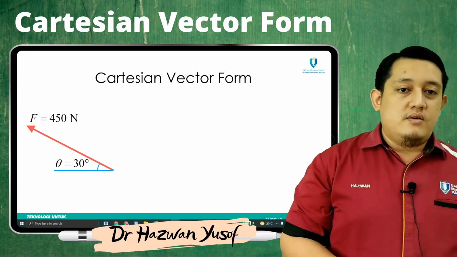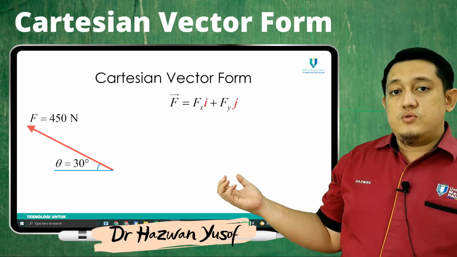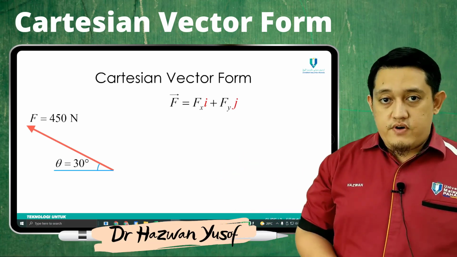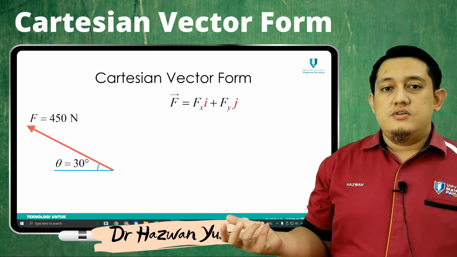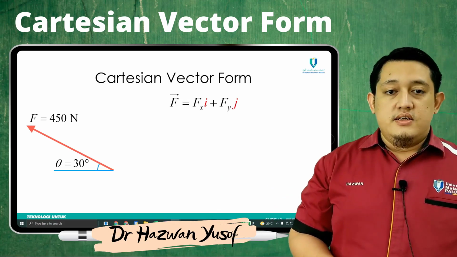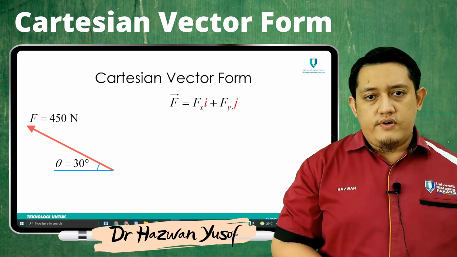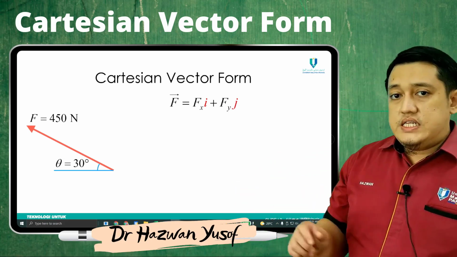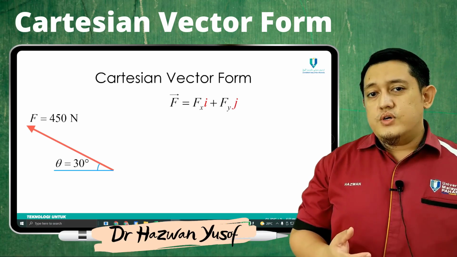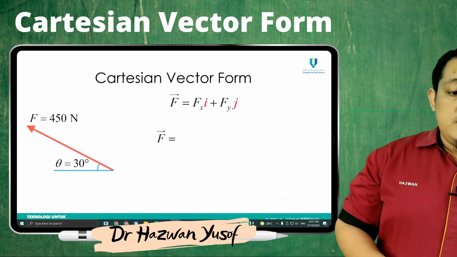Now we want to change this force into Cartesian vector form. Because it is 2D, we use i and j only, no need to do k. So how to change this 450 Newton force with a direction of 30 degrees into Cartesian vector form? Based on this equation, let's find.